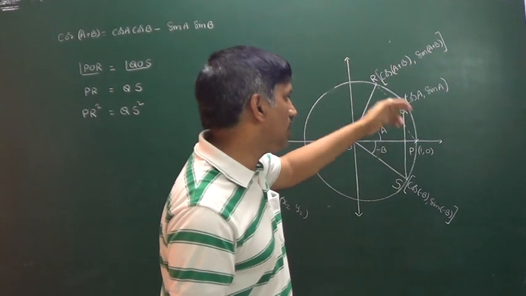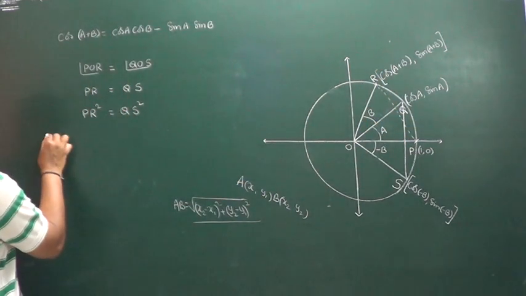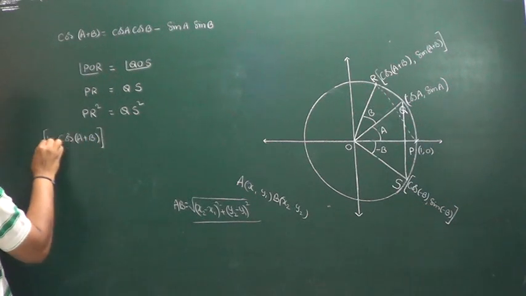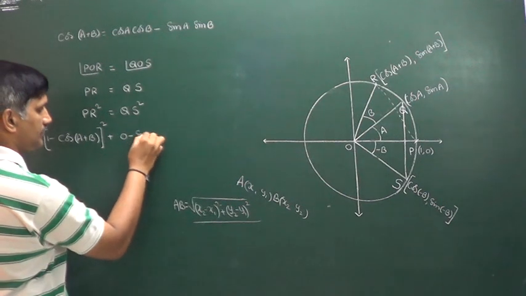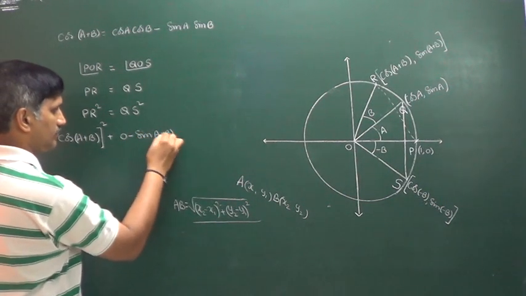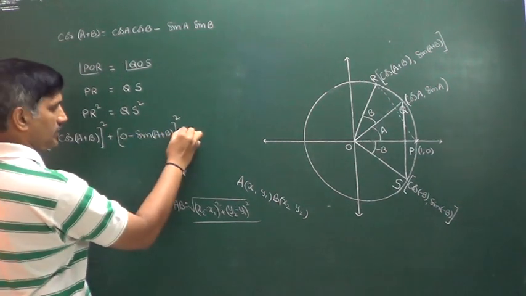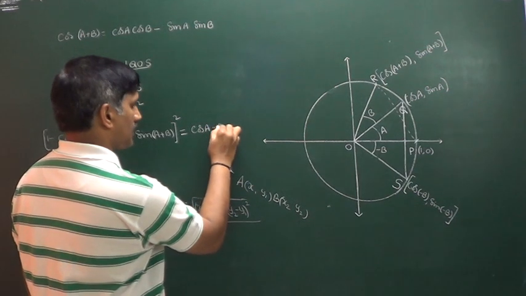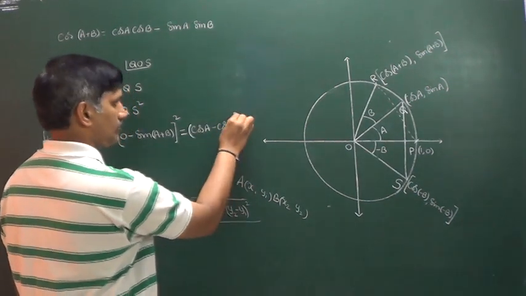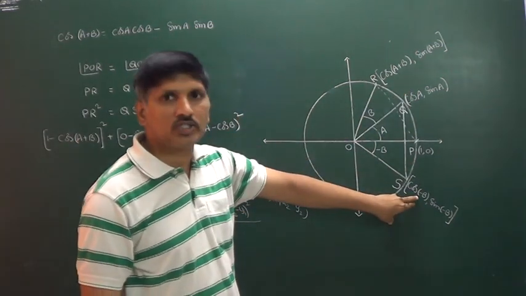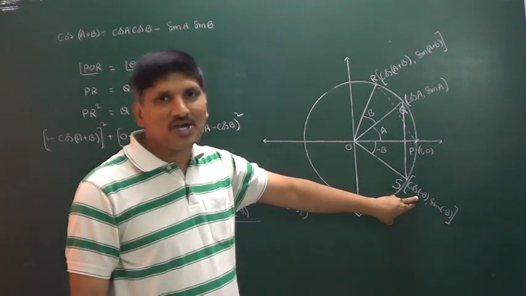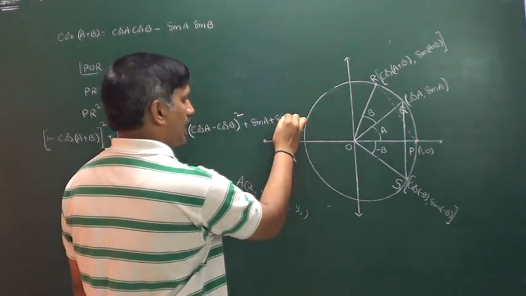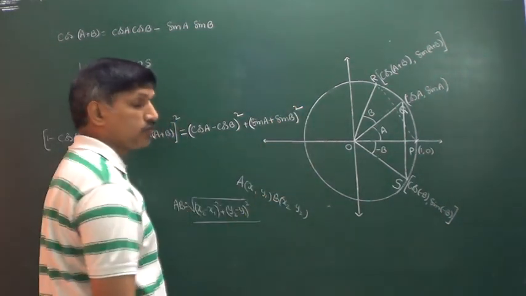Now, this is P, this is R. The distance between these 2 points I am writing as (1 minus cos of A plus B) whole square plus (0 minus sin of A plus B) whole square is equal to, now observe QS: (cos A minus cos B) whole square, because cos of minus B is cos B only, plus (sin A plus sin B) whole square. I hope everyone followed.